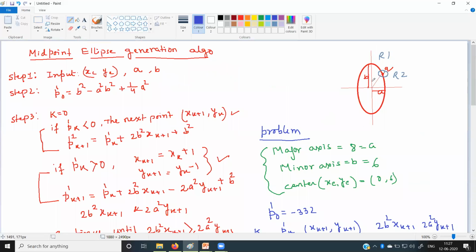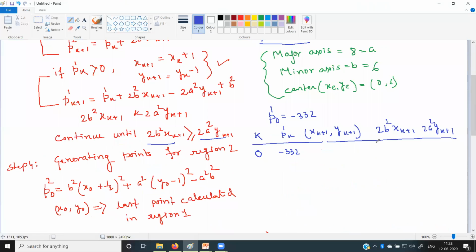B is 6 and a is 8, so the initial point is x value 0, y value 6. So xk is 0 and yk is 6; that means x0 is 0 and y0 is 6.